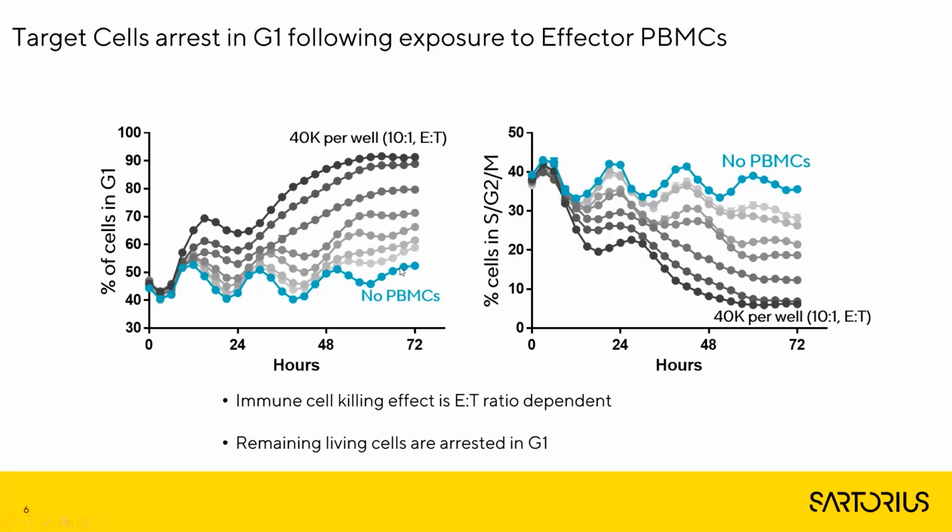As you can see in the no PBMC control, so these are just MDA-MB231 cells going through their normal cell cycle, we see that the level of cells in G1 fluctuates anywhere between 40 and 50%, whereas as you add the increasing numbers of PBMCs to the culture, maxing out at a 10-to-1 effector to target cell ratio, we see an accumulation of those cells that are remaining at the end of the experiment, which we believe are live cells, that 90% of those cells are arrested in G1.